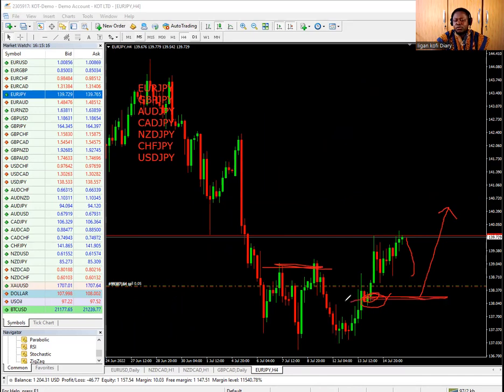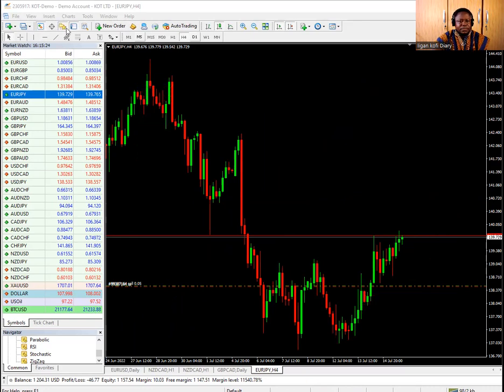If there's going to be a pullback, it should be around this area, then we take a pullback up.